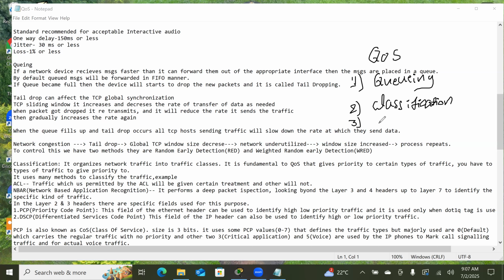The third one is marking. The fourth one is traffic shaping, and the fifth one is traffic policing.